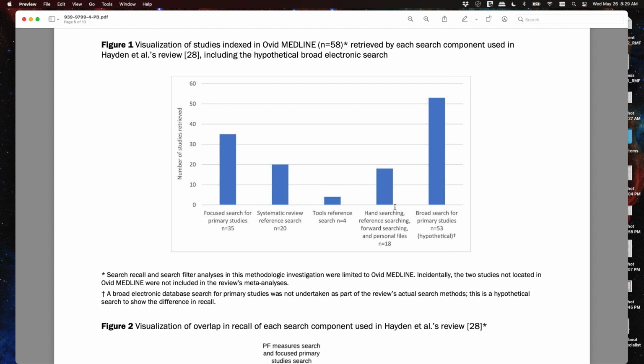And then the one in the middle, the tools reference search. This is a different type of search. If I understood correctly, they used papers that provided information on potential prognostic factors for, I think, recovery expectations.